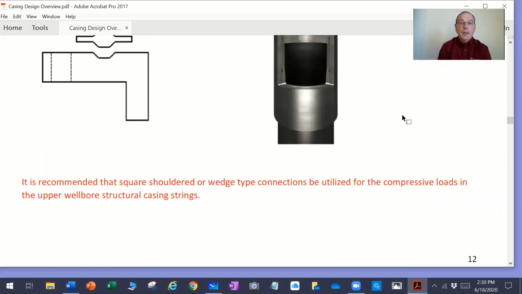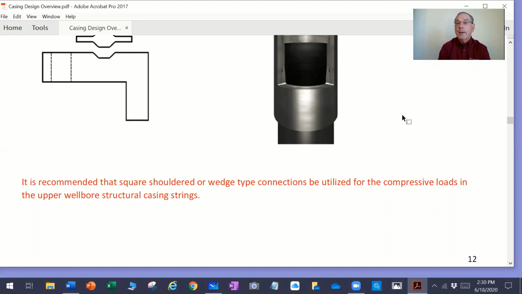Also, it's a very wise idea, and I want to make everyone aware of this, it's highly recommended to use square shouldered or wedge type connections for the compressive loads in the upper sections of the wellbore.